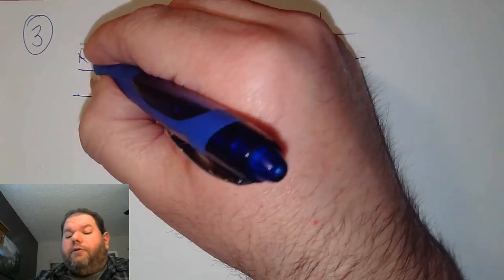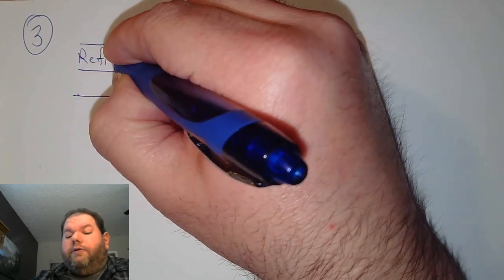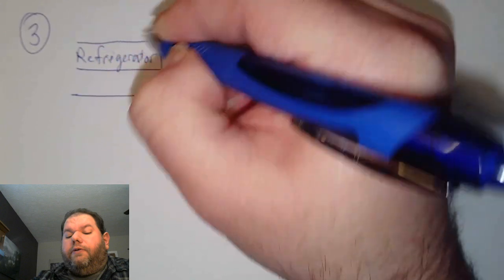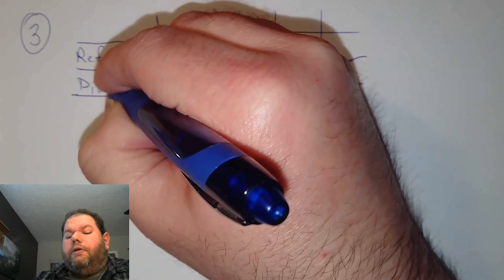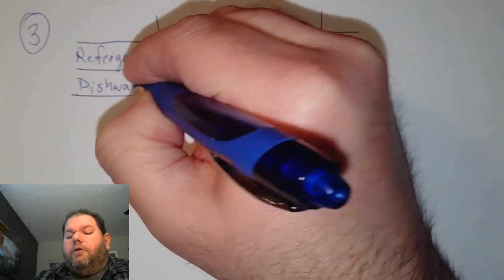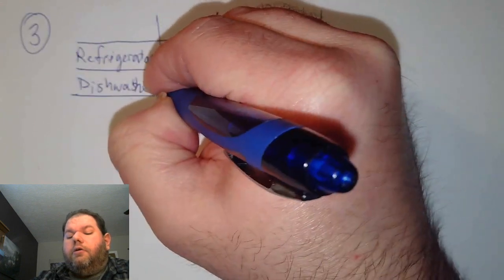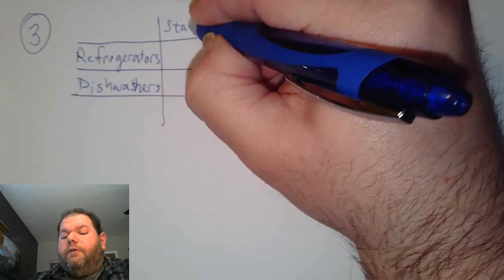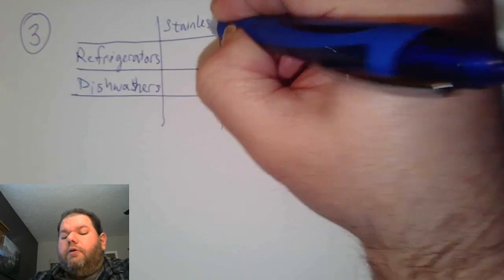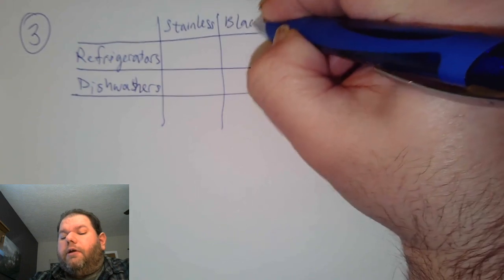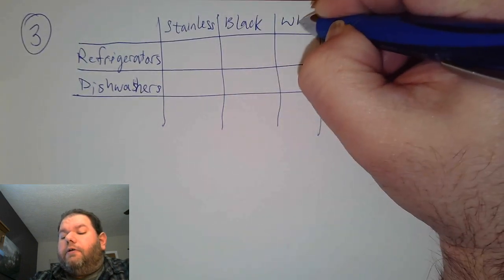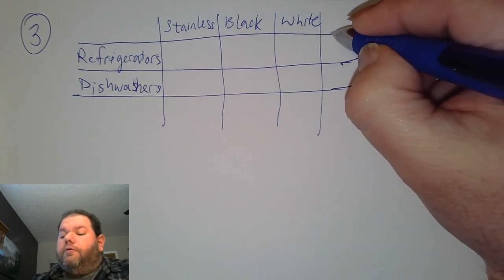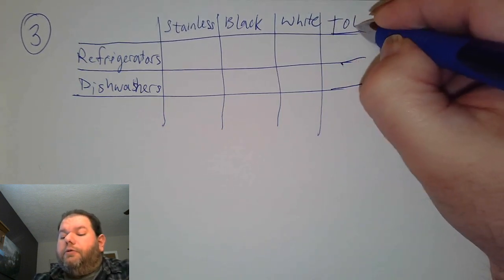So we have refrigerators, dishwashers, these are available in stainless steel, black, and white. And we also include rows and columns for total.